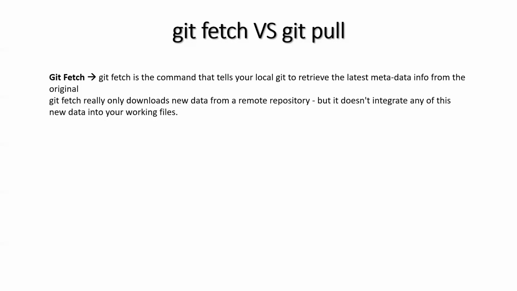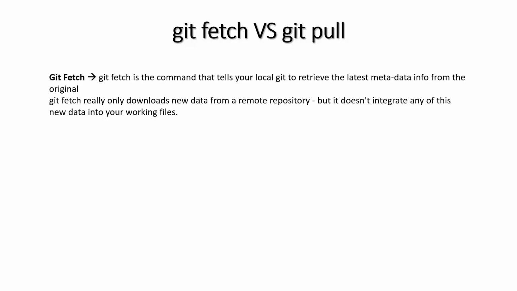Now we will discuss what is the difference between git fetch and git pull command. Okay, so as you can see here in the PPT, git fetch is the command that tells your local git to retrieve the latest metadata info from the original. Original means remote repository. Git fetch really only downloads new data from the remote repository, but it does not integrate any of this new data into your working files.